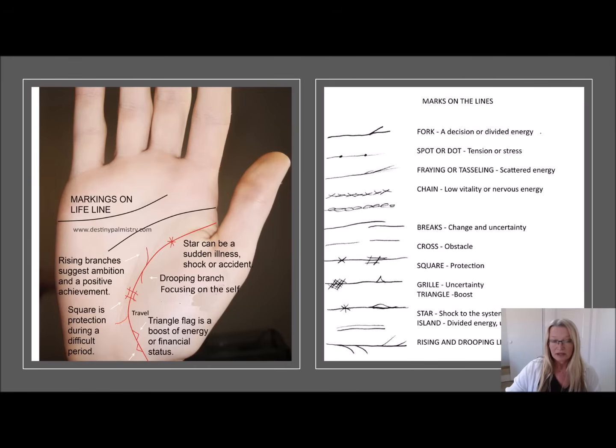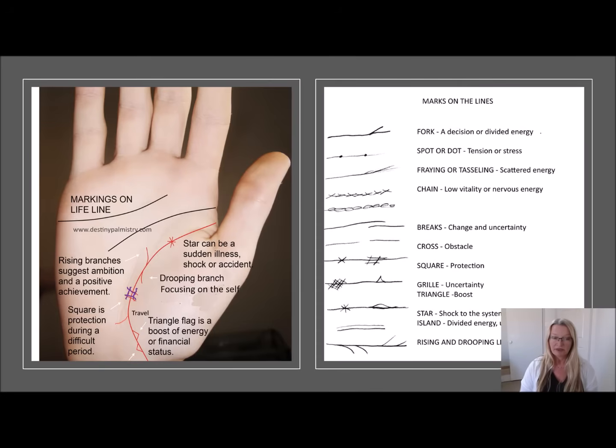So like here in the picture on the left, we have a short line on the inside of the lifeline, we have one on the outside, and there's usually some random lines that form a sort of square. It's very rarely a perfect square, but what it's doing is covering a weak section of the line.